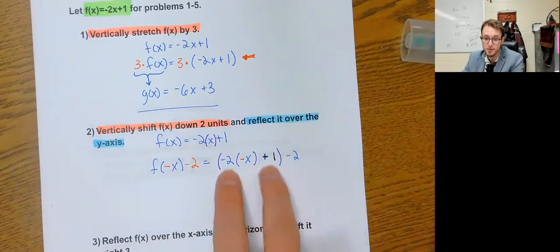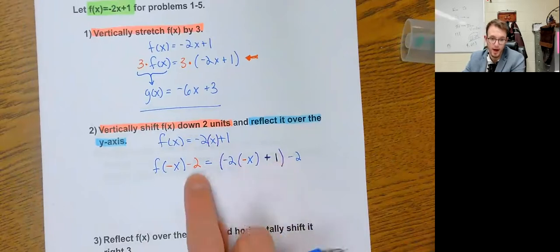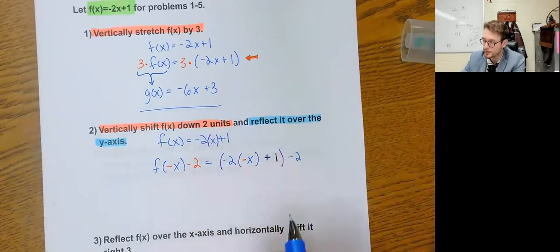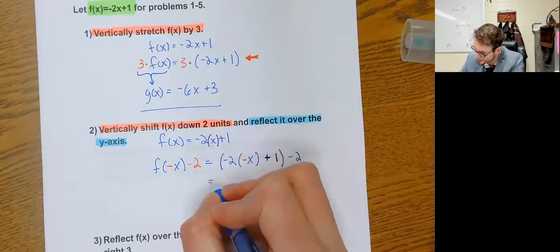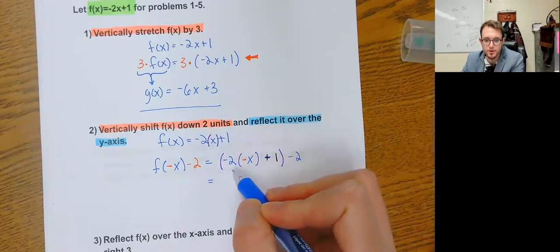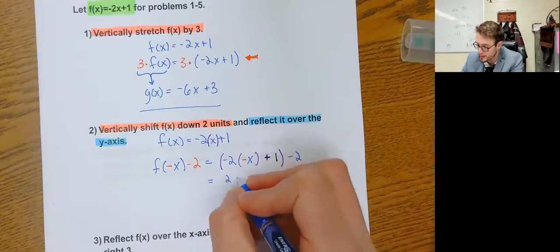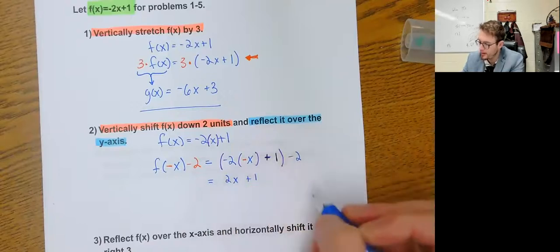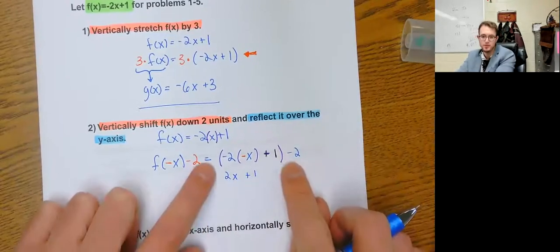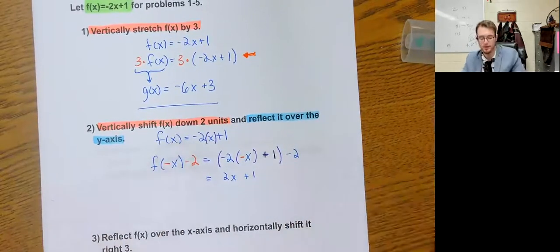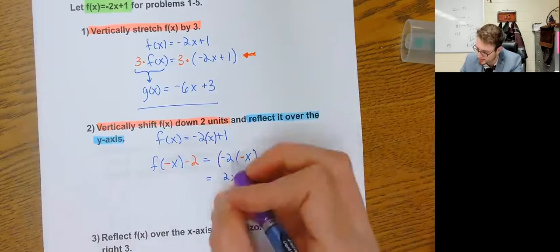So first thing we do is simplify the entire function after doing a y-axis reflection. What is a negative 2 times a negative x? Positive 2x. And are these parentheses really doing anything? Well, you know what? I'm not going to skip a step.